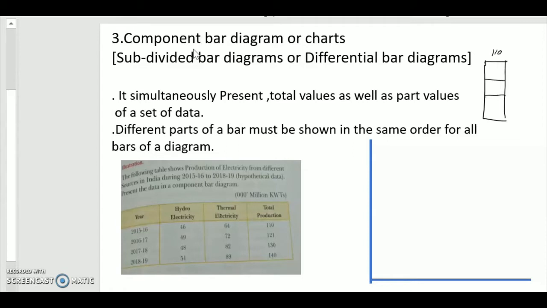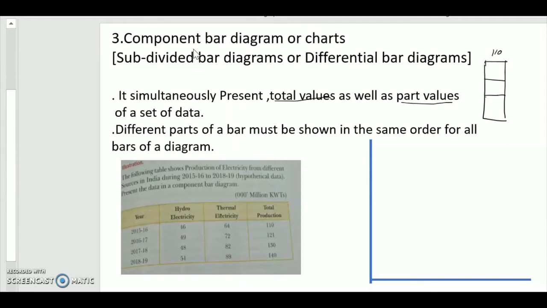In a multiple bar diagram we were drawing two adjacent bars, without any gap. Here, in one bar itself, we are representing different components. So this is the component bar diagram. It simultaneously presents the total value as well as the part values of a set of data.